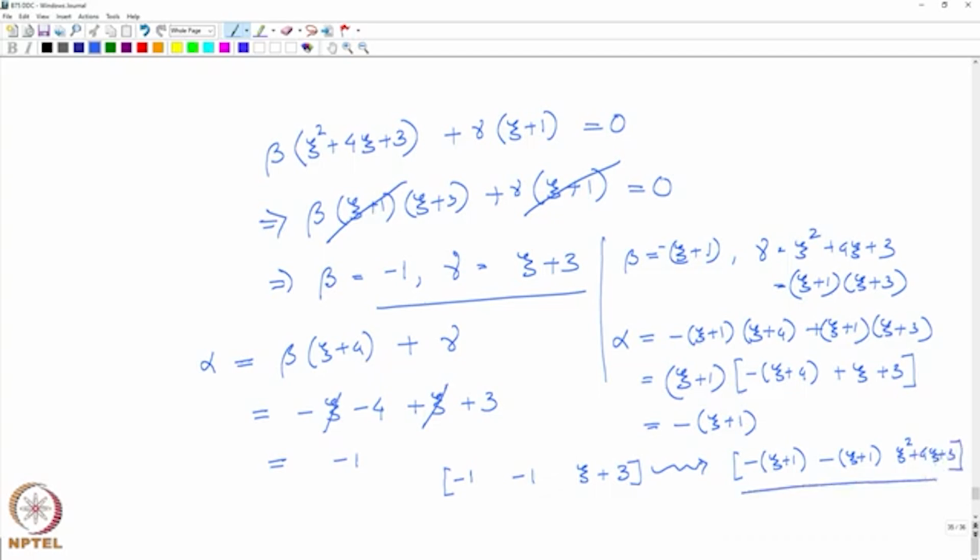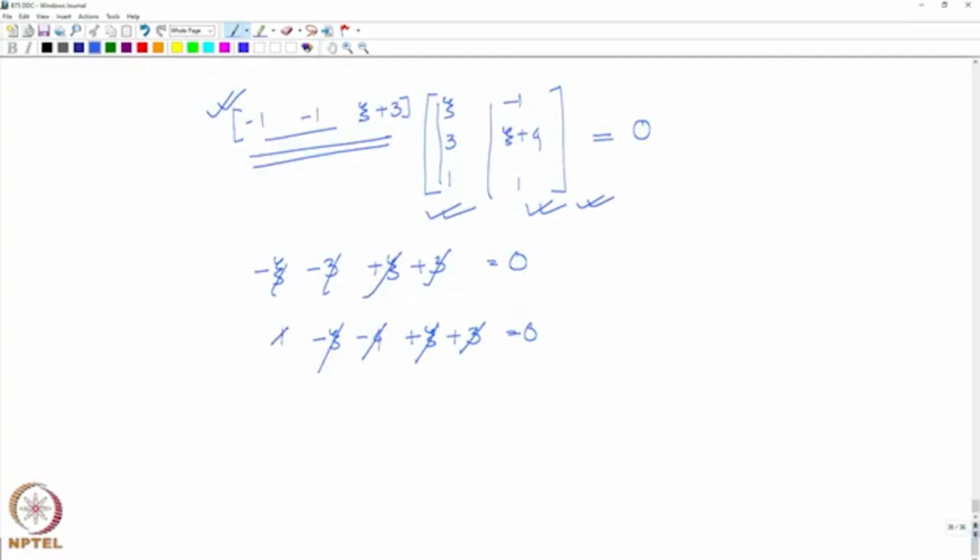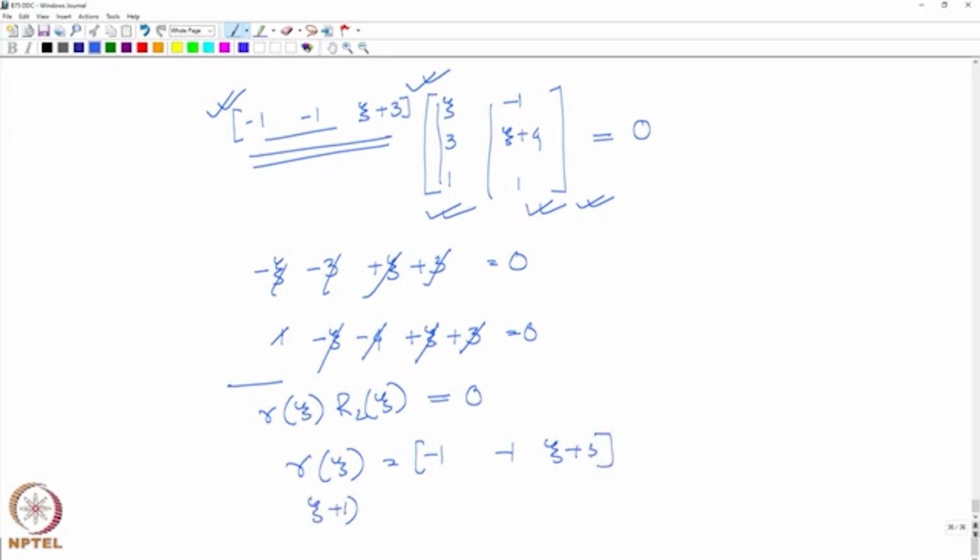This cannot be a maximal left annihilator, because you see the property of any row vector that kills this R2 of xi is that it equals 0. We have already checked that this is true. So R of xi can be this vector, but my proposed maximal left annihilator was, with xi plus 1 out common, minus 1 and xi plus 3.